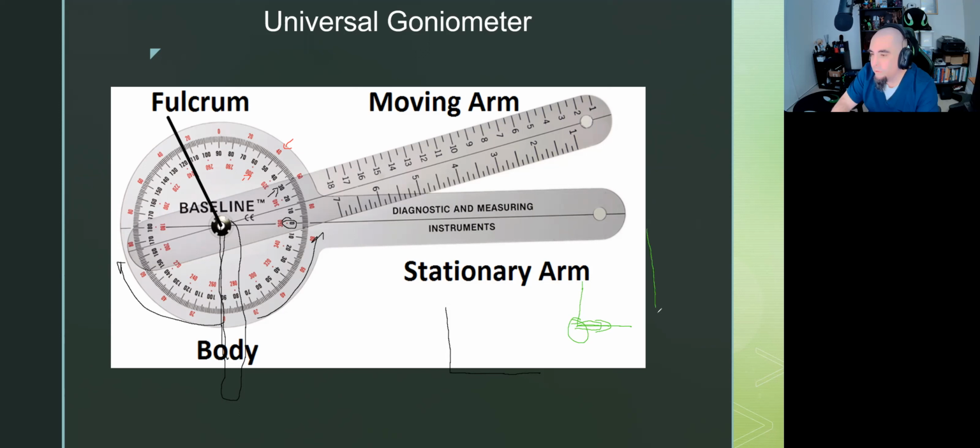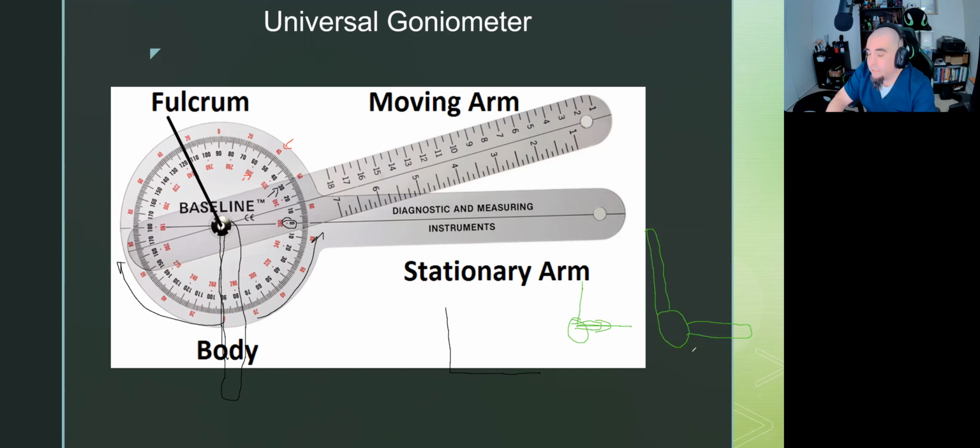So a lot of times when we're measuring that ankle, we start the goniometer out at 90 degrees, even though that's the 0 point for the ankle, and we'll get to this when we talk about the ankle, that would be 0 degrees of dorsiflexion, plantar flexion.